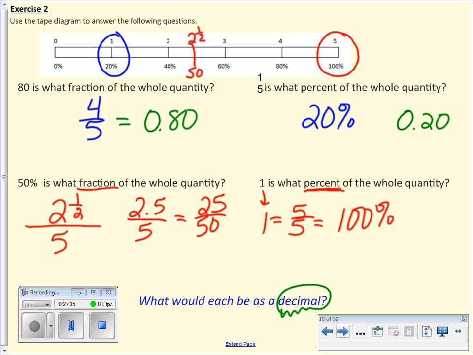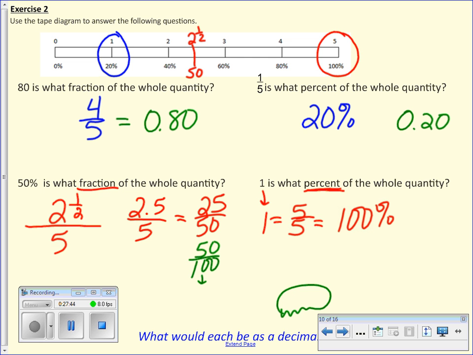It might be easier if we made that out of 100. Now what is that as a decimal? And what's our last one as a decimal? Just 1. 1 whole. If you want to put the decimal there because it says as a decimal, make sure that you know the decimal goes after the whole number. So it'll be 1 whole.